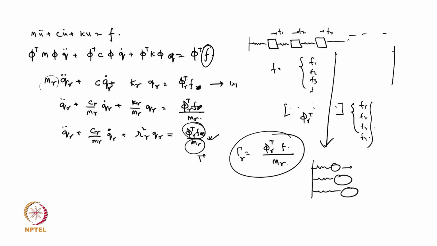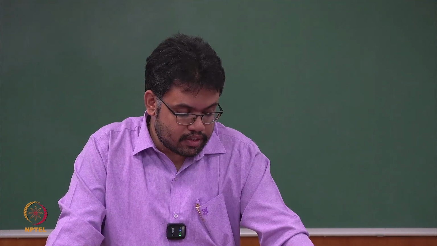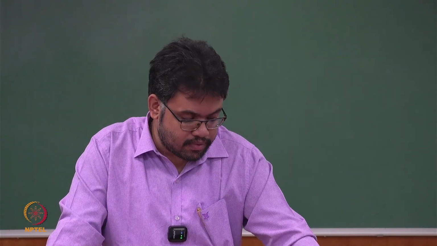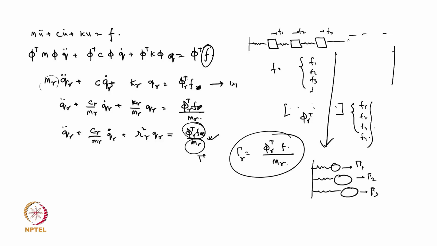They will be converted into gamma 1, gamma 2, gamma 3, and that tells the modal participation factor, how much participation you can expect from each mode, means how much the force is getting distributed. That way the modes are participating with each other.